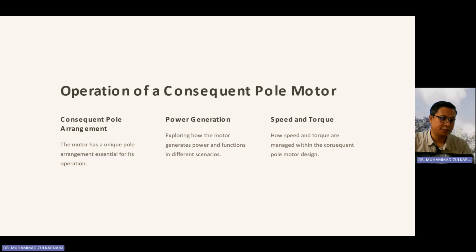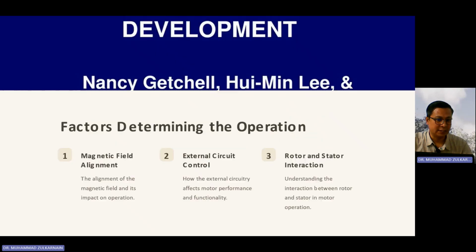The motor has a unique pole arrangement essential for its operation. And for the power generation, exploring how the motor generates power and functions in different scenarios. And in the part of the speed and the torque, how speed and torque are managed with the consequent pole motor design.